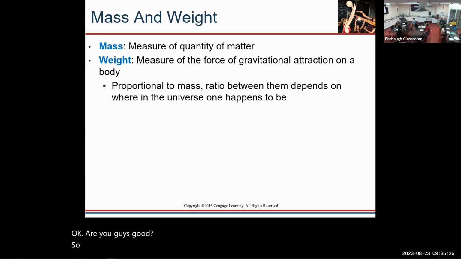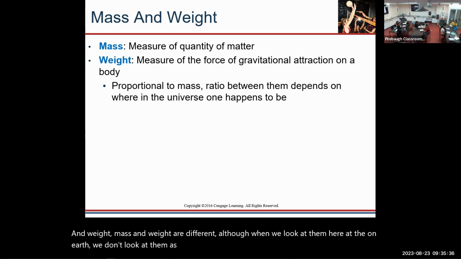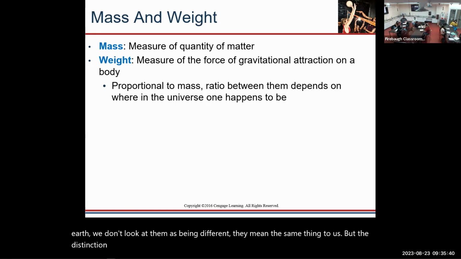So when we talk about mass and weight, they are different. Although when we look at them here on Earth, we don't look at them as being different. They mean the same thing to us. But the distinction between mass and weight is the gravitational pull or the gravitational force that is being applied.